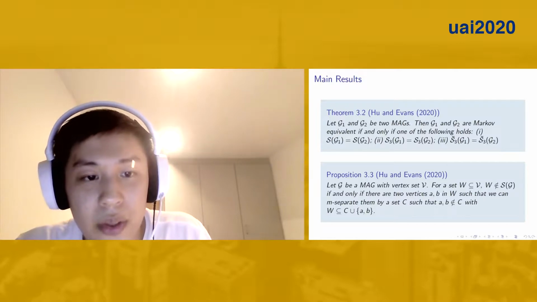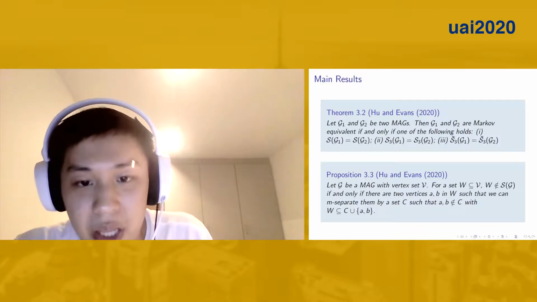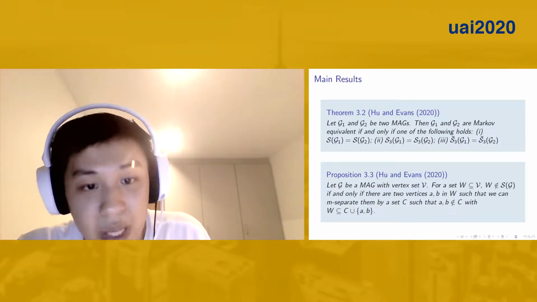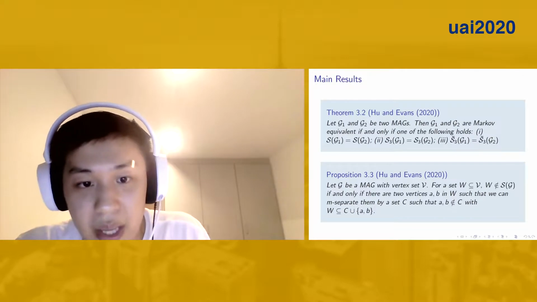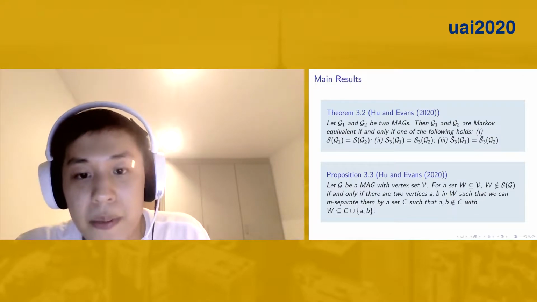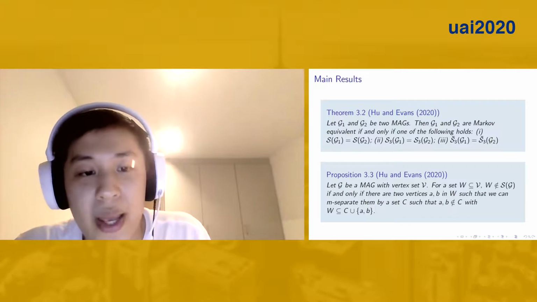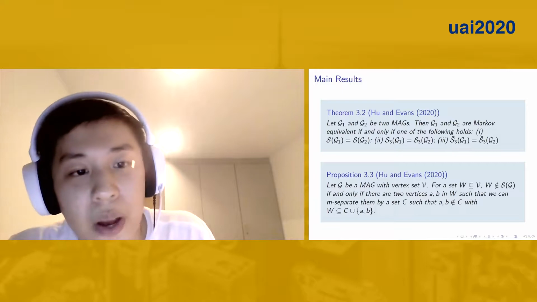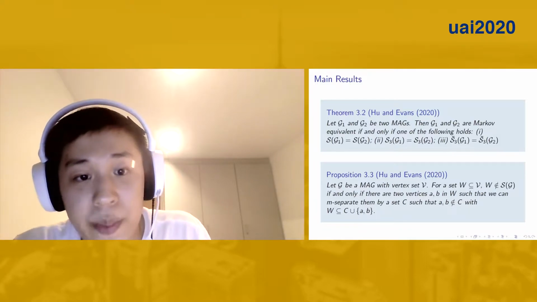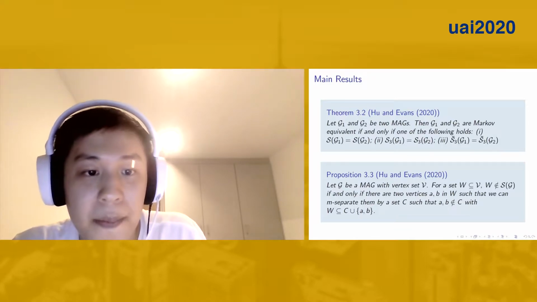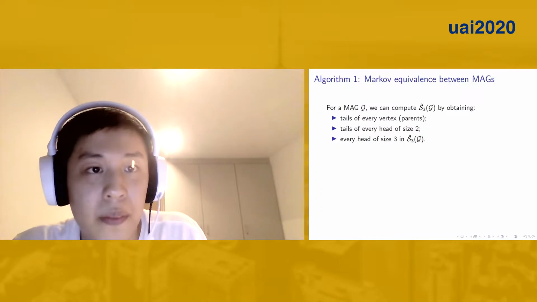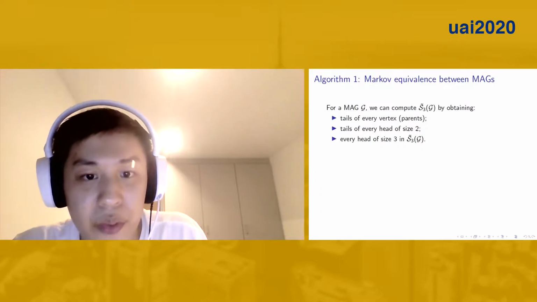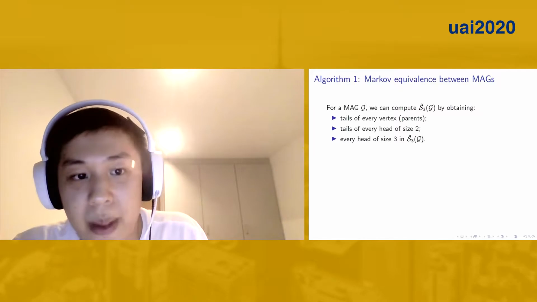Proposition 3.3 says that a vertex set W is not in the parameterization set if and only if we can m-separate two vertices A and B in W given a superset of the remaining vertices in W. With this proposition, one can easily see that one direction of the theorem holds. If two graphs are equivalent, then they represent the same conditional independences, and hence they should have the same parameterization set. Based on the theorem, we provide an algorithm for computing S tilde 3 of a given MAG G.